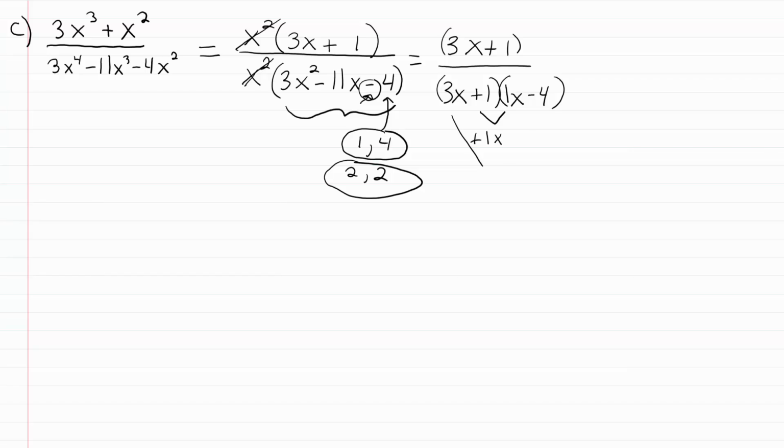And then I would have 3x times negative 4, which will give you negative 12x. And when I combine these two, I do indeed get negative 11x, which is the middle term we were looking to find. So since that factoring is correct, I can just cancel these two terms, and I'm left with simply 1 on top and an x minus 4 on the bottom. And that's it.